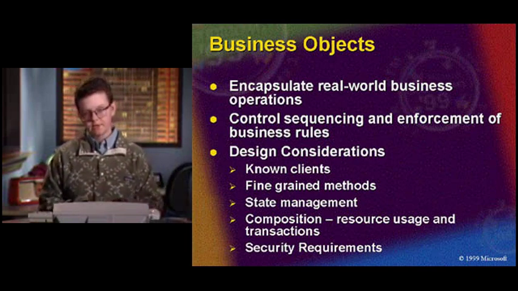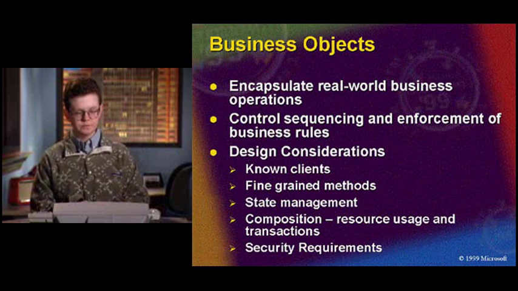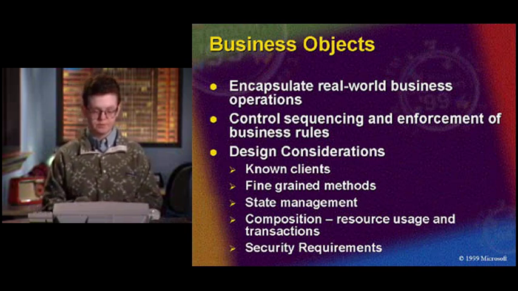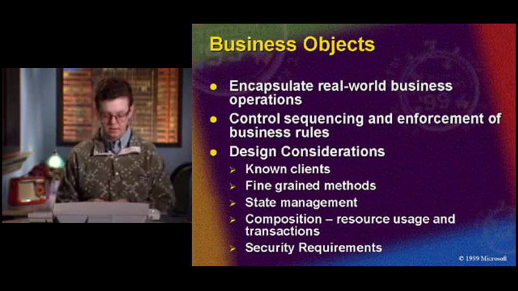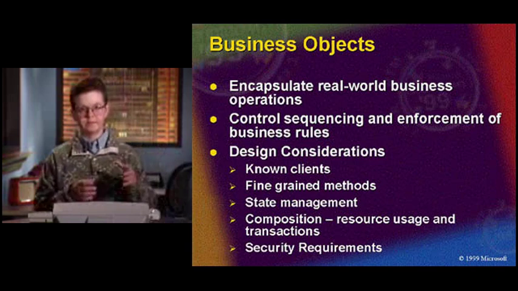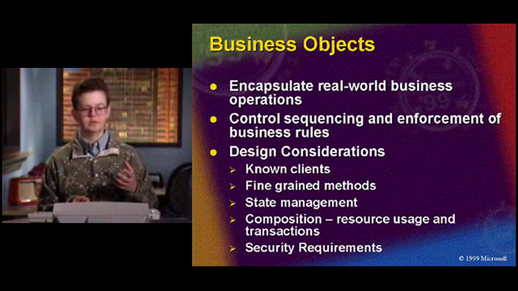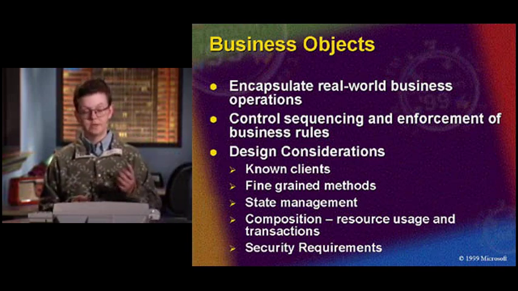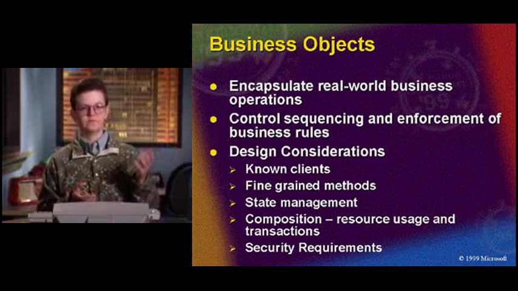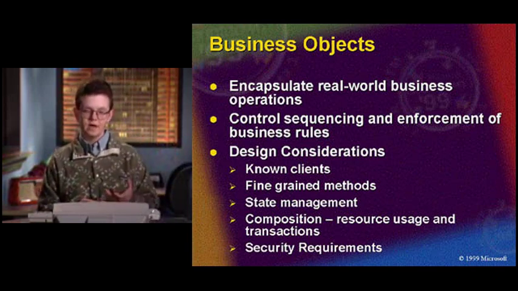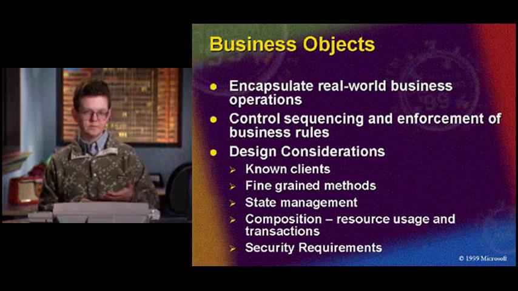You have to think very carefully about how you're going to pass state information around in your business objects. The one thing that you have to think about is, am I going to be keeping the information on the server, or do I need to pass that in from the client? Do I need to get it from a data store, or does it come from the presentation layer? What that affects is what the interfaces look like to talk to these business objects.